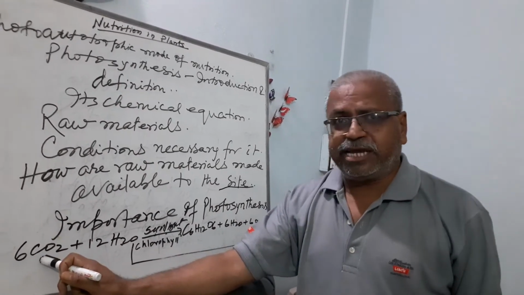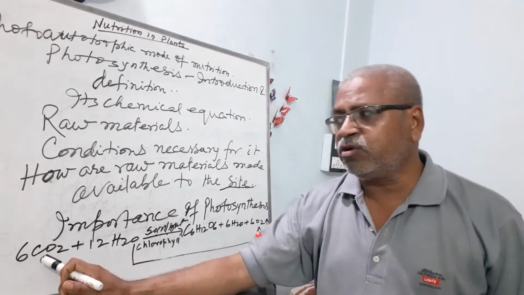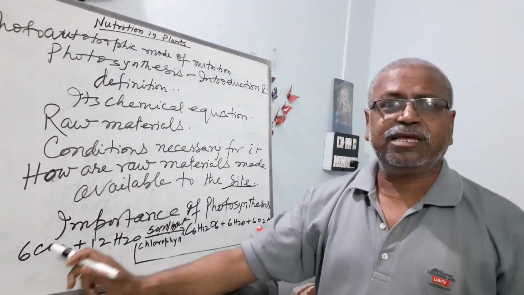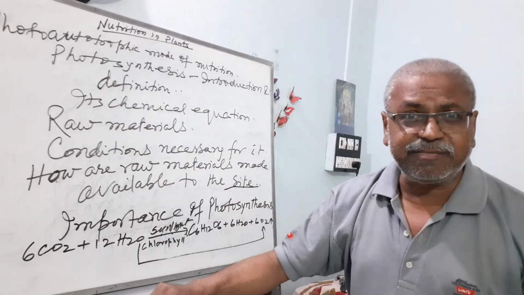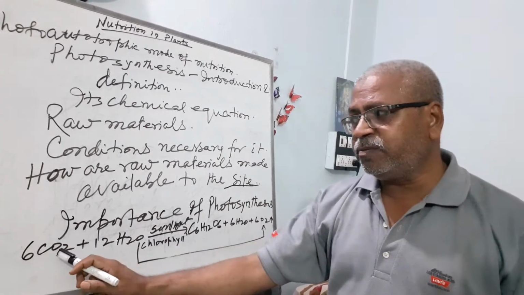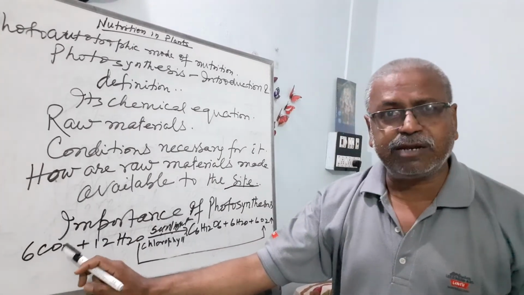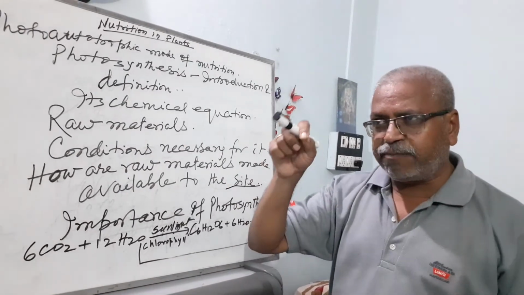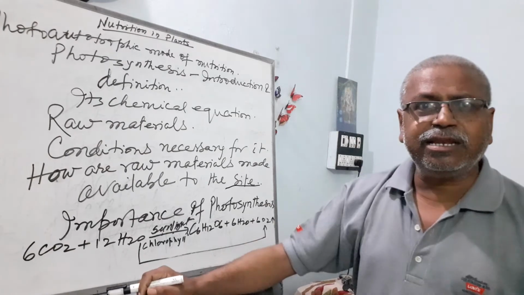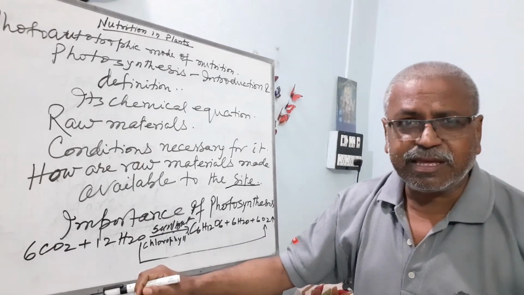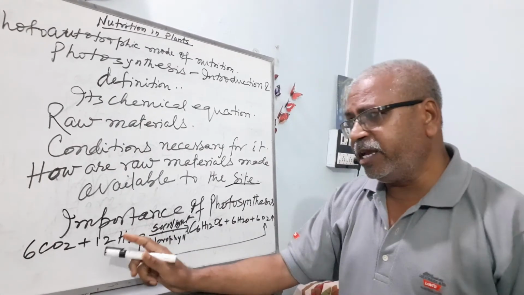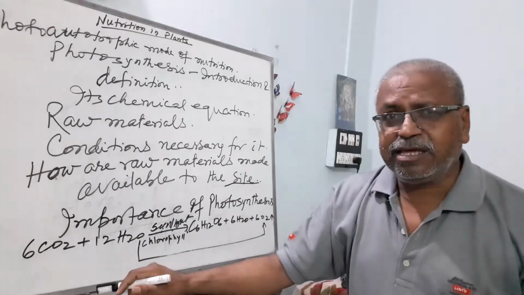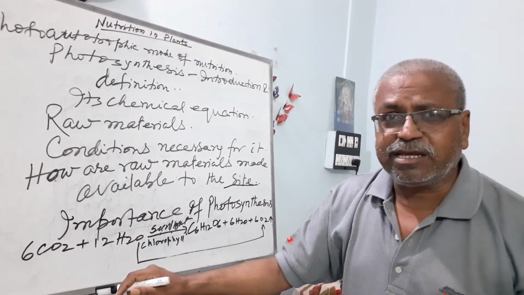The source of the carbon dioxide is atmospheric air, and this atmospheric air's carbon dioxide diffuses through the stomata present in the leaf. Then again one question arises, what is stomata?